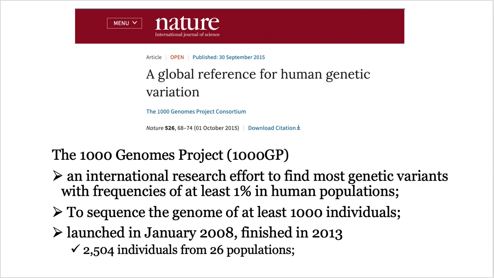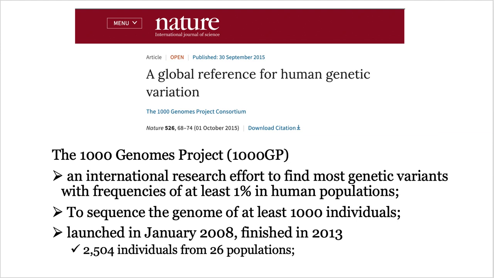And the reason that this project exceeded the expectation was that the sequencing technology developed so fast in those few years that it significantly reduced the difficulty and the cost to get that large amount of genome.